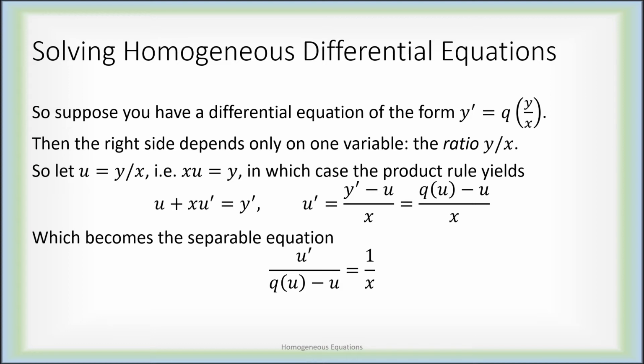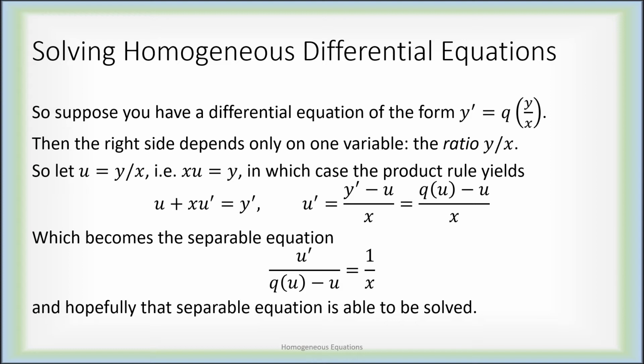I've got all of my u's on one side with a u prime factored out and all x's on the other. And hopefully you can solve that. So if we started with the homogeneous differential equation, y prime is a function of y over x, perform the substitution, u is that ratio, and you end up with something separable and hopefully solvable.